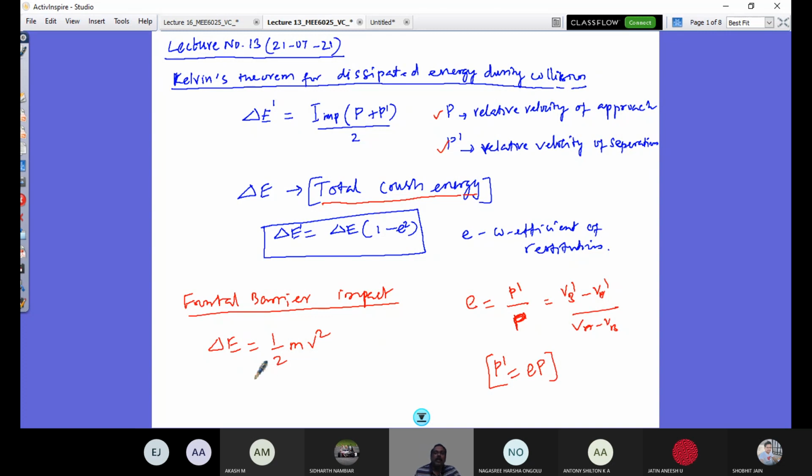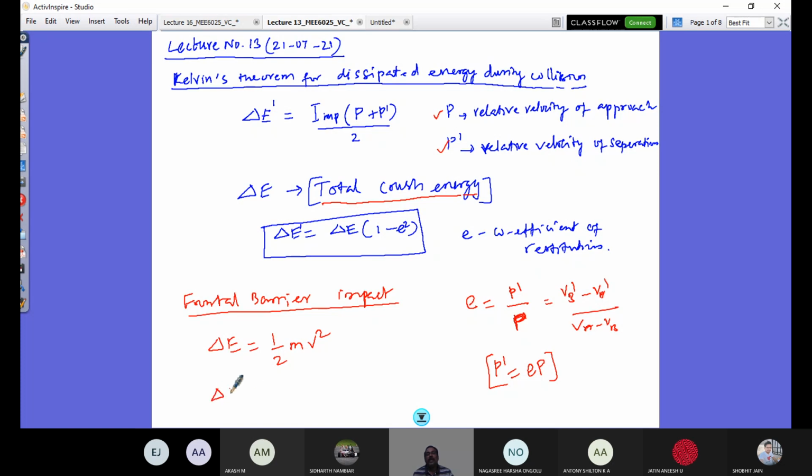Now, this is the case of a full frontal barrier impact, one vehicle with the barrier. If I have two identical vehicles colliding head on, just now we solved a problem. Then what would be my delta E to calculate, where we have introduced an effective mass equivalence in our lecture.